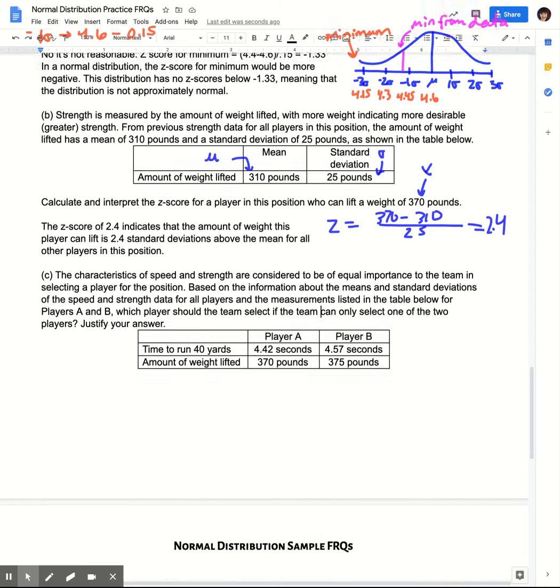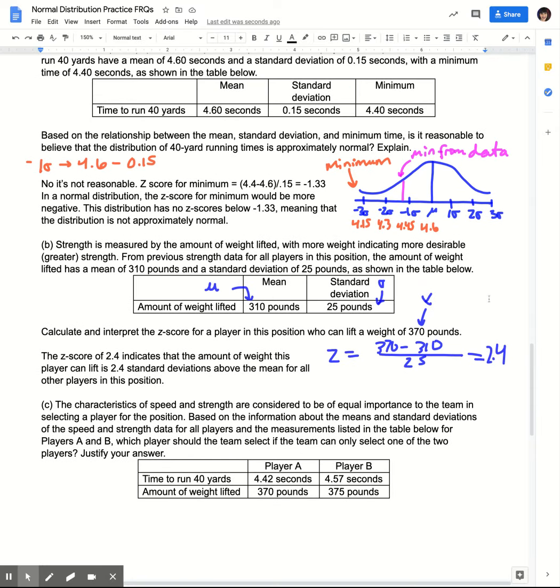So if we go back to our original data here, okay, for speed, obviously, player A is faster. But player B, if you look at the weight data, can lift more. So we're trying to figure out who has the advantage here, right?